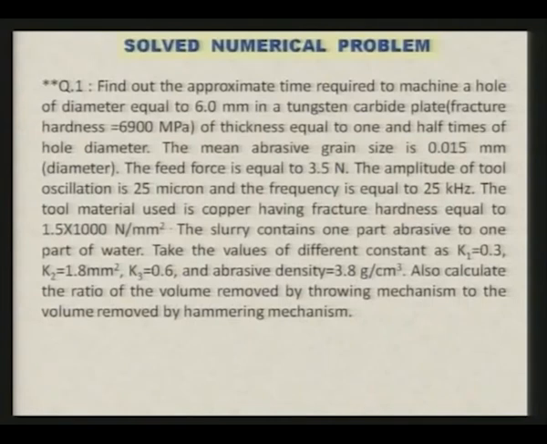Also calculate the ratio of the volume removed by the throwing mechanism to the volume removed by the hammering mechanism. This problem has been taken from the book Advanced Machining Processes published by IIT Publishers.